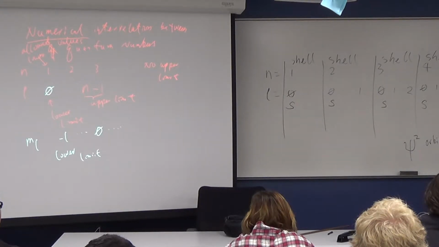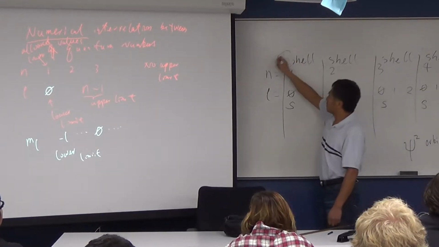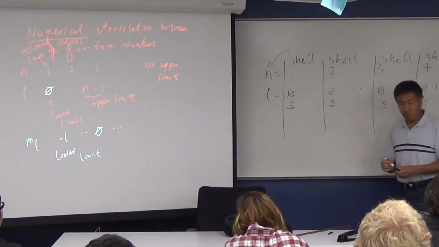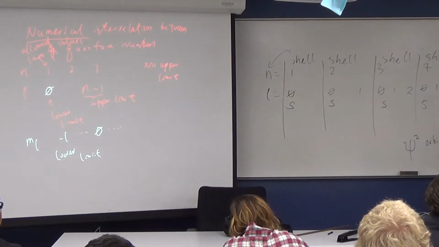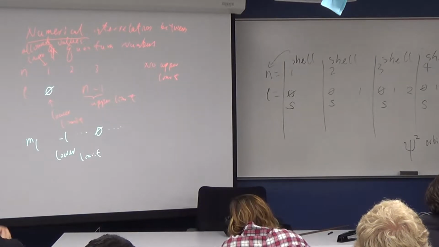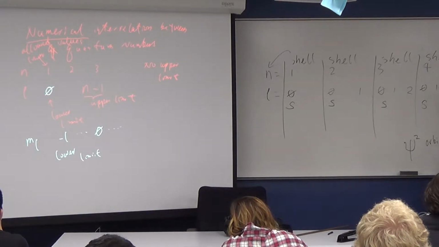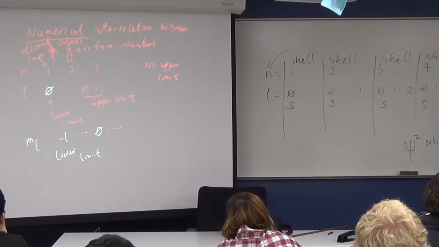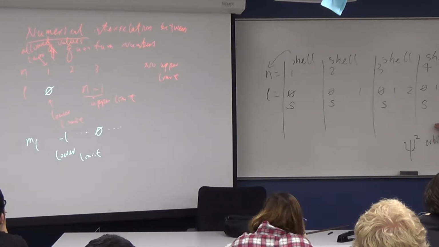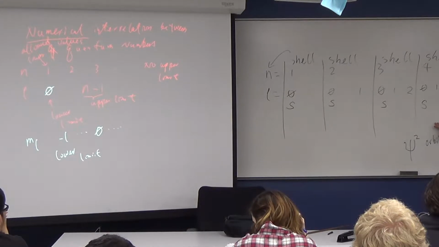The subshell is related, in one way, to the L. The shell only depends on the n. You just need to hang on to that. So the subshell depends on the L.